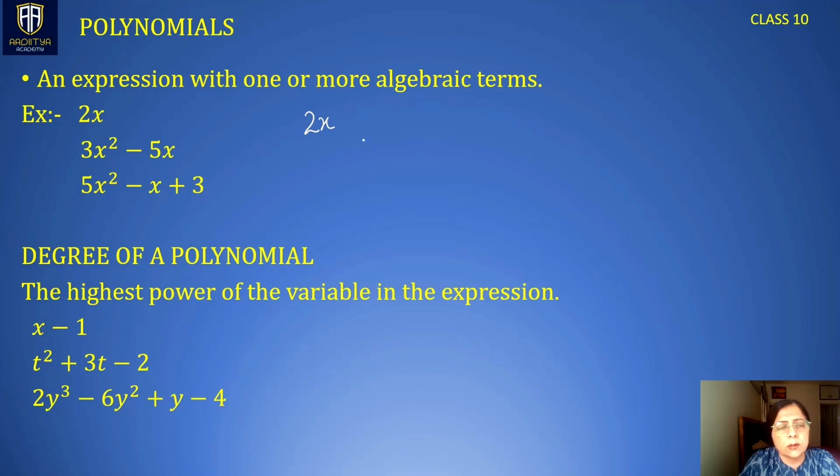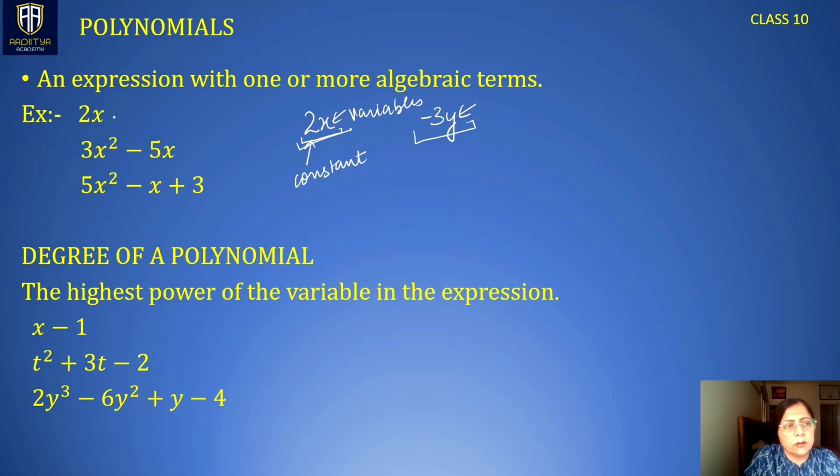This is 2x, or you can write minus 3y. So it includes one constant. This constant is any real number that we have studied till now, and the x or y, the literals that we use in this expression, are called variables, right? So we can have an expression with one variable or more variables, but this is called an algebraic term.